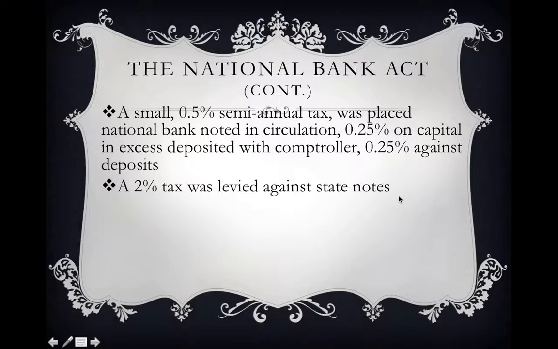I want you to realize that there was a tax benefit to being a national bank, because the tax on national bank notes was one quarter of the tax placed against the state bank notes. So once again, it's placing a financial burden on the state banks of issuing notes and making that burden much less for national banks. In essence, what they're trying to do is force state banks to convert over into national banks.